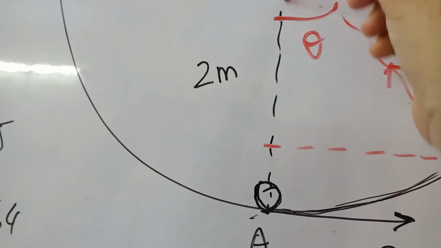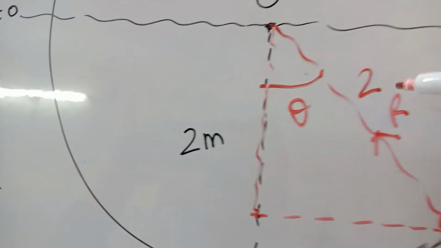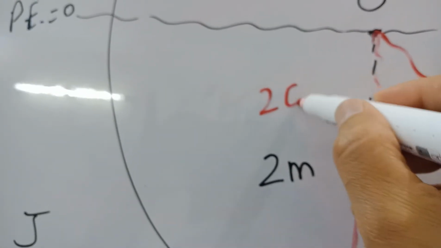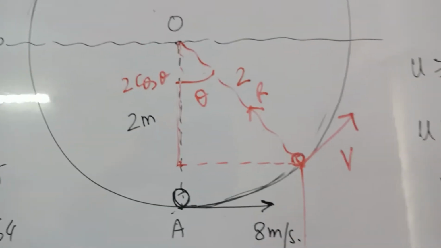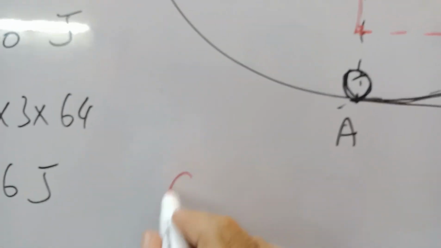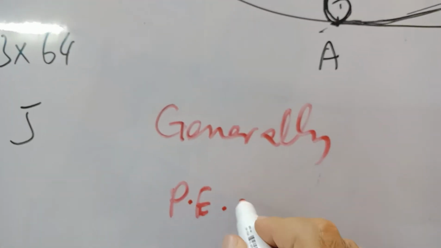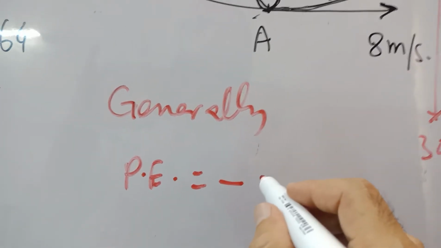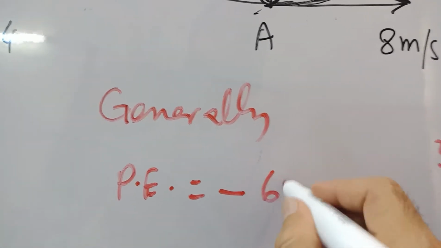Now let's find this length. We know that the radius is 2, so I'm just going to write 2 over here. So this length is going to be 2 cos theta. To determine the potential energy, the height is going to be -2 cos theta. So generally the potential energy depends on the value of theta, and that is going to be minus 60 cos theta.